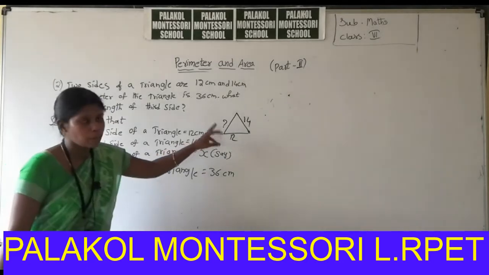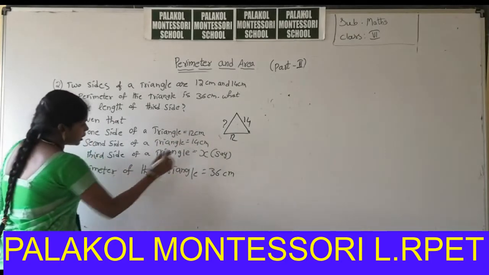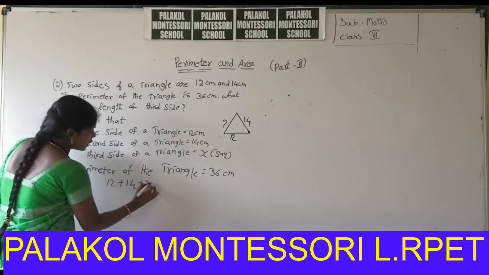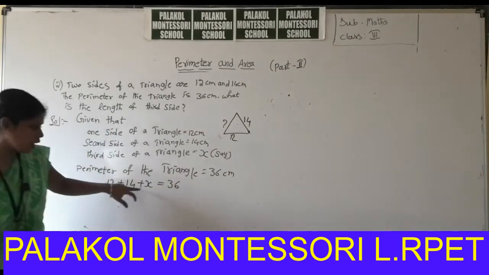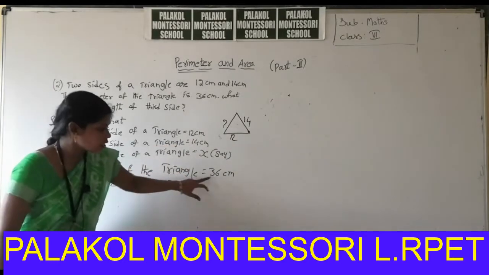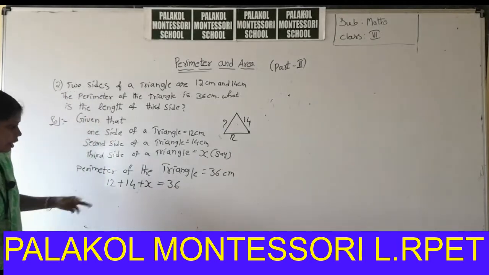So we can add all these sides. That is nothing but 12 plus 14 plus x is equal to 36. This is also a perimeter of the triangle, so you can equate these two perimeters.